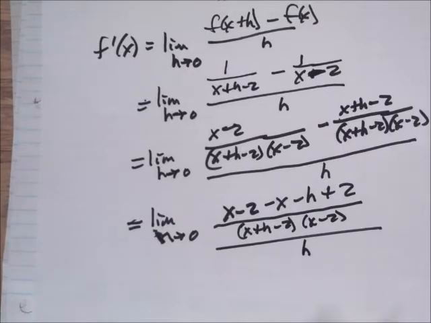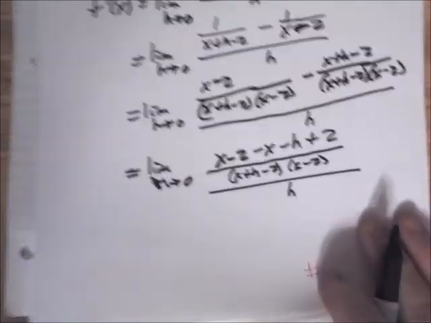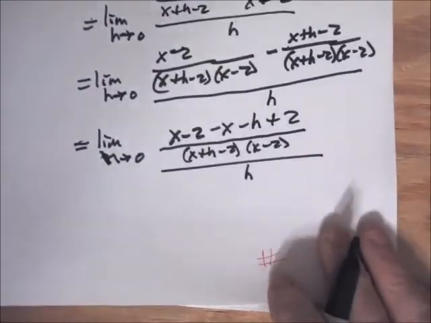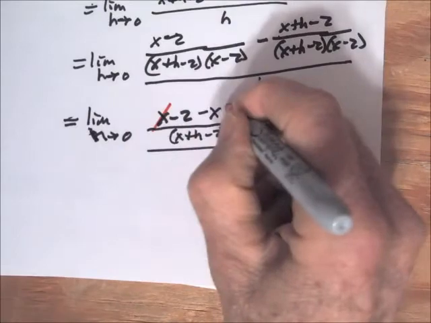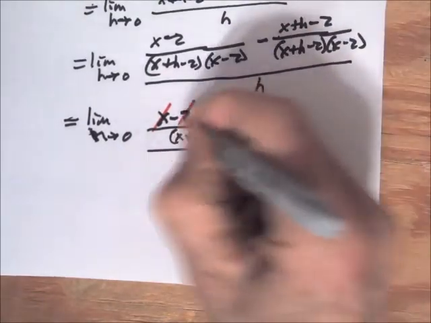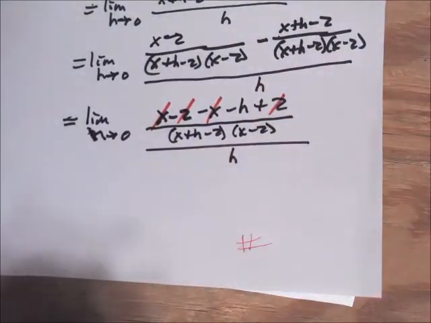Okay, so then we can cancel some of these terms. We have an x minus x, we can cancel that, and a negative 2 plus 2, that's 0. So we're left with a minus h on top.